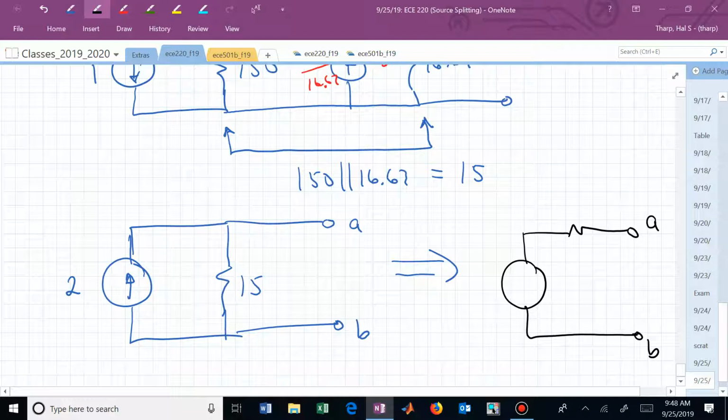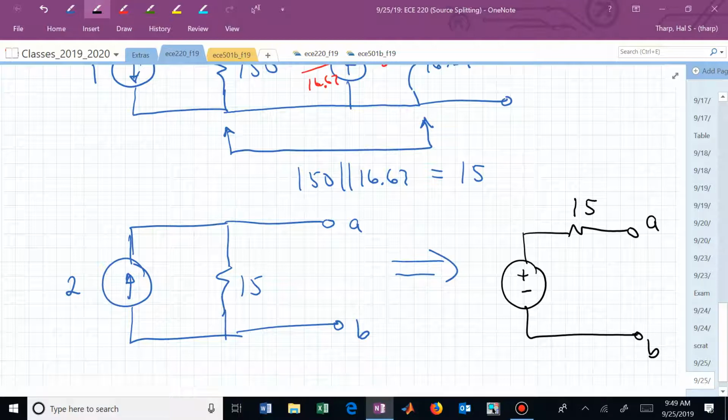What's the resistor value? 15. And what's my voltage? What's the polarity on my voltage? Positive on the top. And what's the value? I times R, which in this case is 2 times 15, or 30.